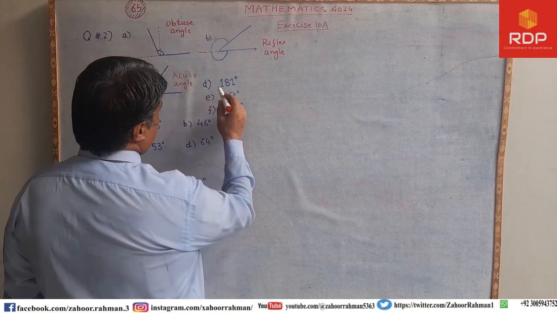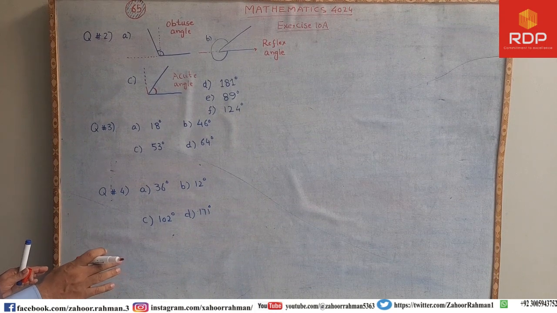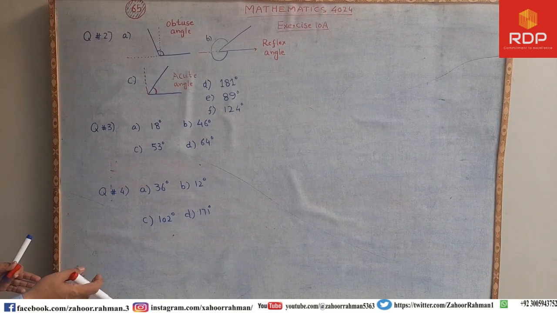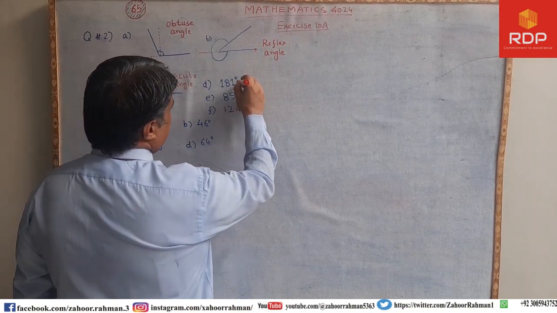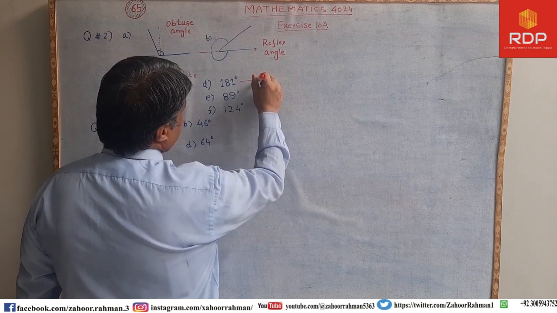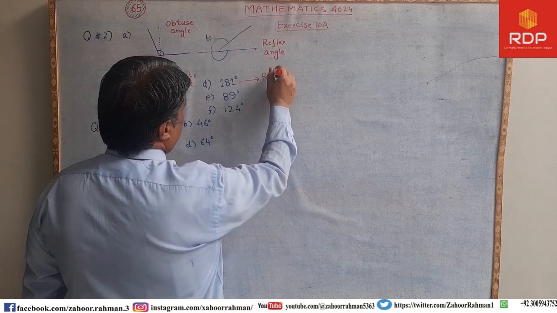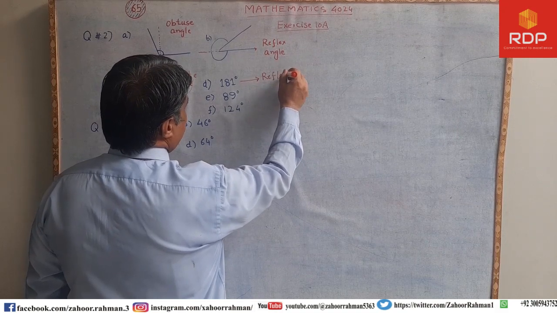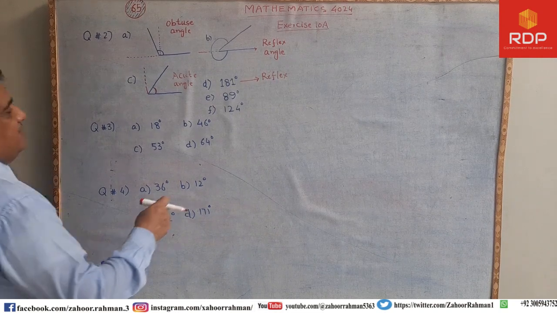In part D they are saying 181 degrees. They have not given it to us in the form of a figure, but in the form of digits. So 181 is greater than 180 and less than 360, so this is a reflex angle.